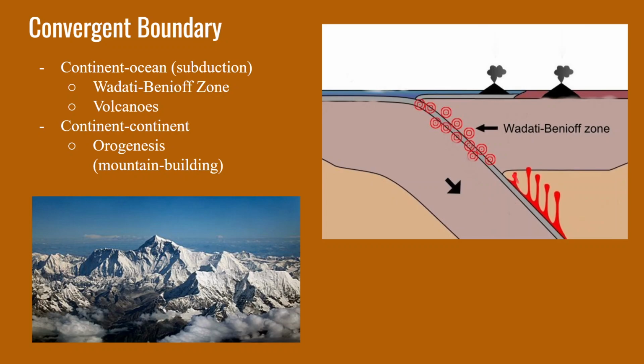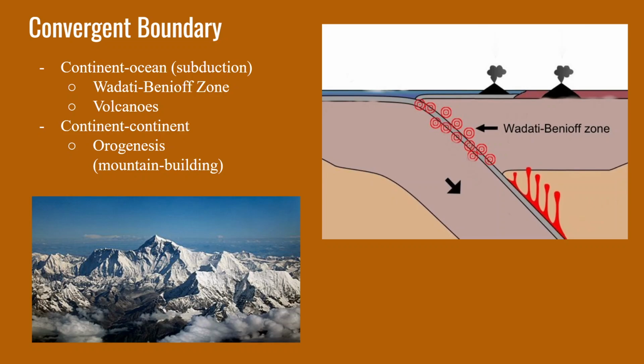Another unique feature of these boundaries is the Wadati-Benioff zone, excuse my pronunciation, this idea that you have this 2D plane of earthquake epicenters where the closer you are to the actual plate boundary at the surface, the shallower your earthquake will be, and the further you move into the zone of the continental plate, the deeper your earthquake will be. So this is just the contact between the two plates, and you can visualize this contact in 3D space if you collect enough earthquake epicenter data.